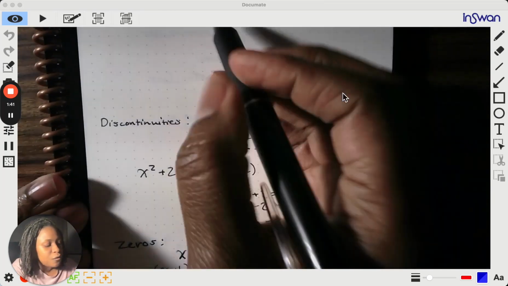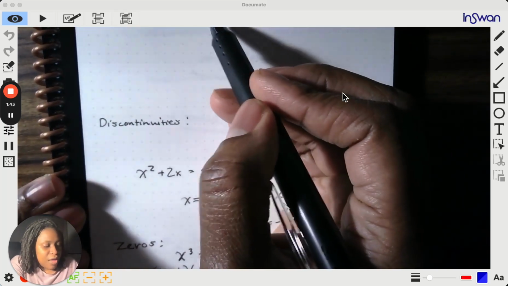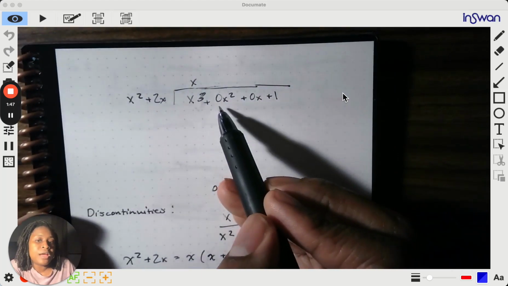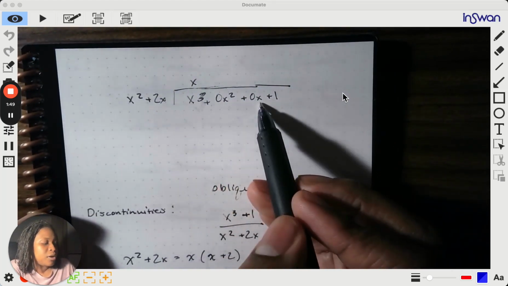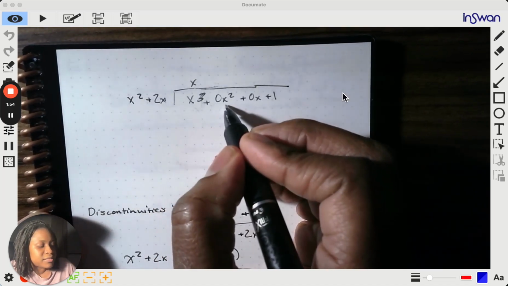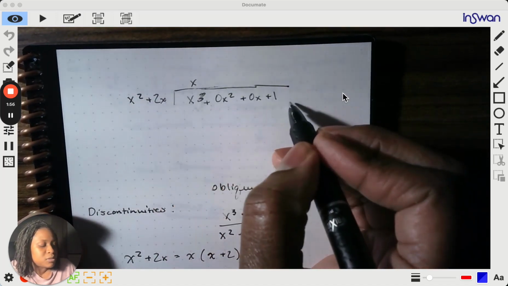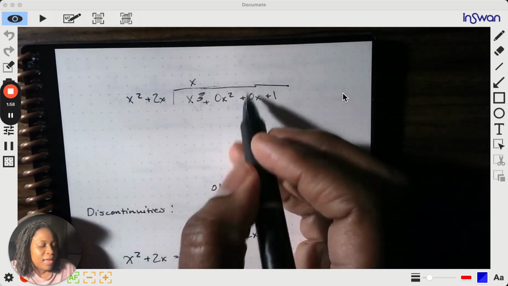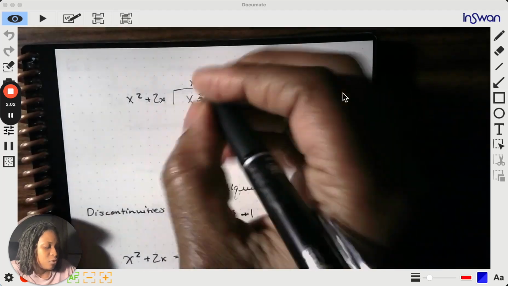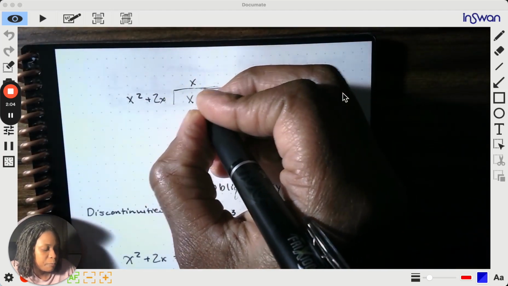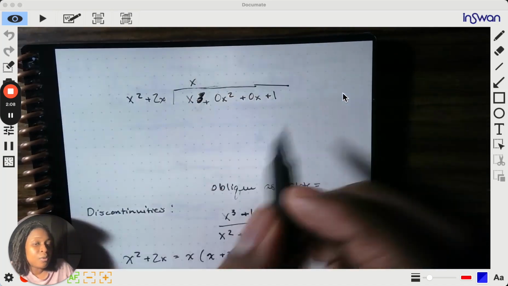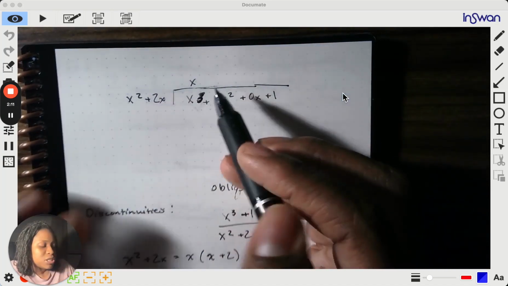So I place that over here. I have x cubed plus 1, but I had to put in some fillers for my x squared and my x term. So I have x cubed plus 0x squared plus 0x plus 1. Now, when we divide that, this helps me make sure everything stays straight and I have my placeholders, everything is where it needs to be. But we're going to systematically do a long division.